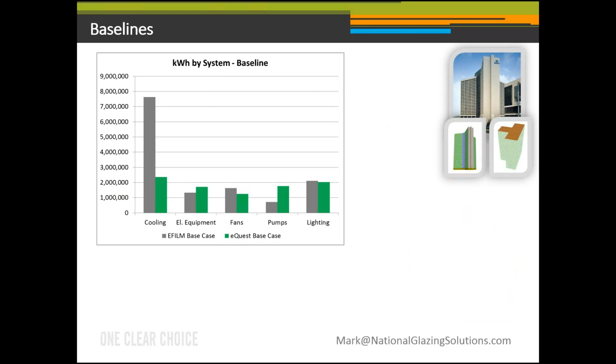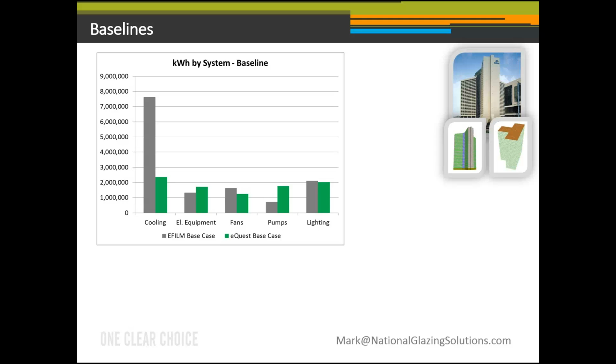This first graph is a graph of the results comparing eQuest to eFilm by energy end use. It's reasonable to think that two simulations are different due to the different building shells and shapes. However, they have the same square footage, the same number of floors, the same window area.